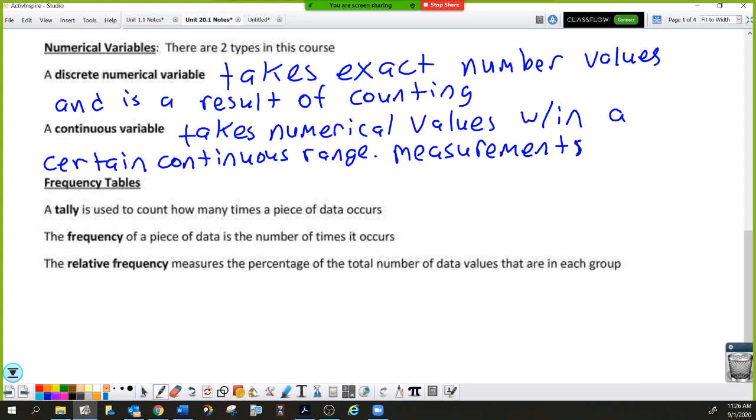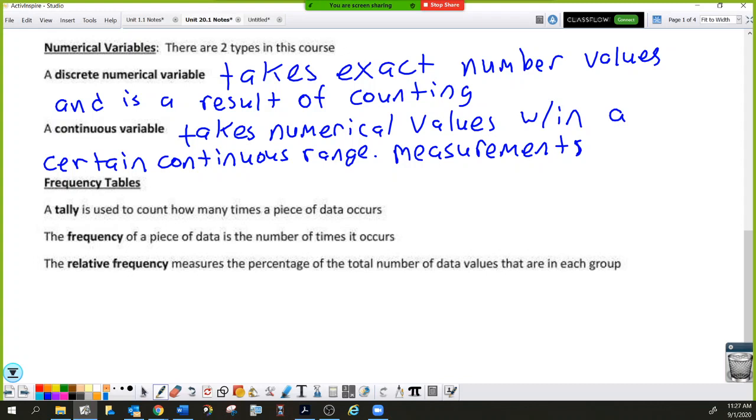Frequency table. A frequency table is literally a table that tells you the frequency of something, meaning how often it occurred. A tally, it's like you do the 1, 2, 3, 4, and then cross through it. Those are tally marks. A tally is used to count how many times a piece of data occurs. The frequency of a piece of data is the number of times it occurs.